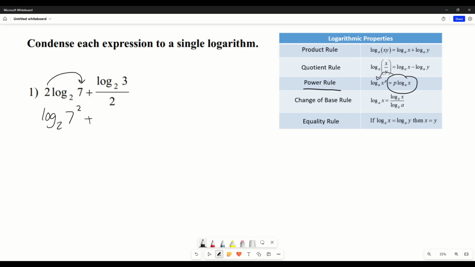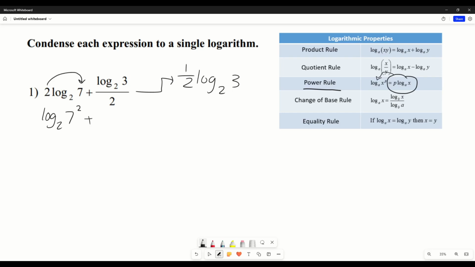For this part, I often see my classmates, when they see this fraction, think, how do I get rid of it, or do I just leave it? But basically this fraction is just 1 over 2. So of course, using the power rule, this is in front of the log. You can think of this as 1/2 times log base 2 of 3.